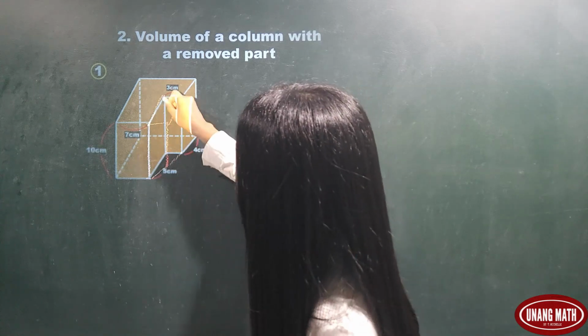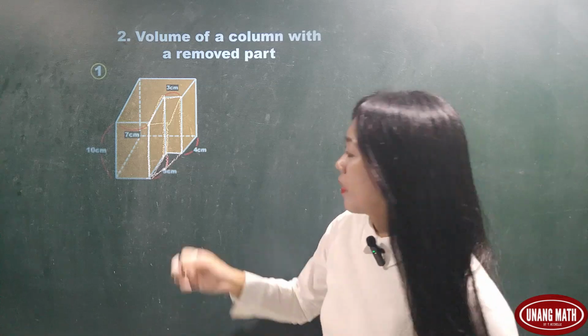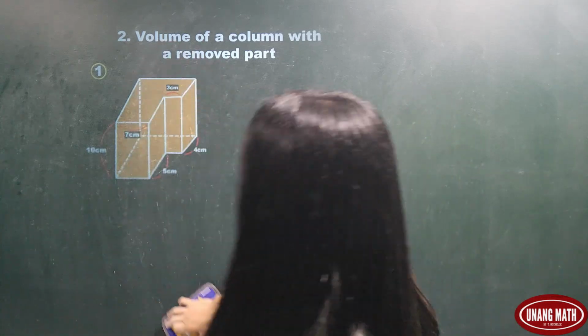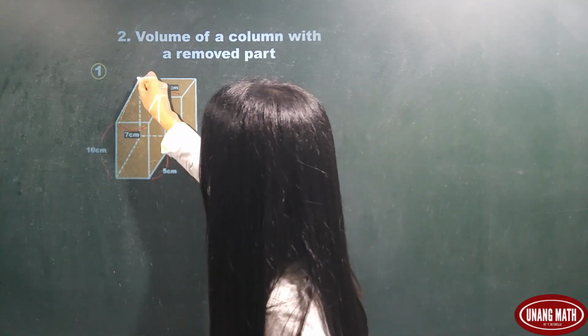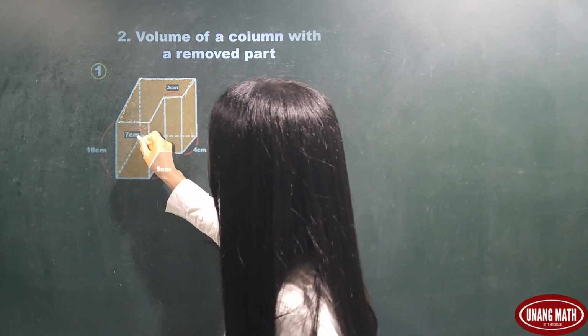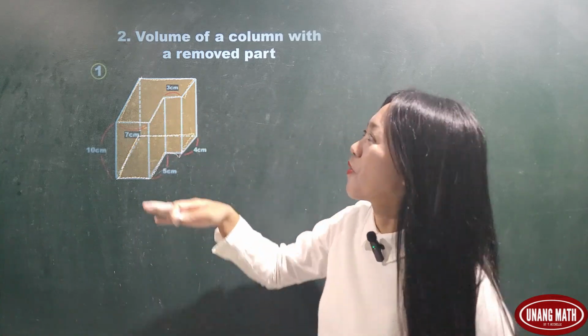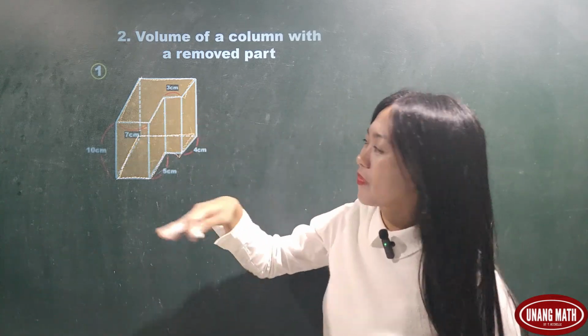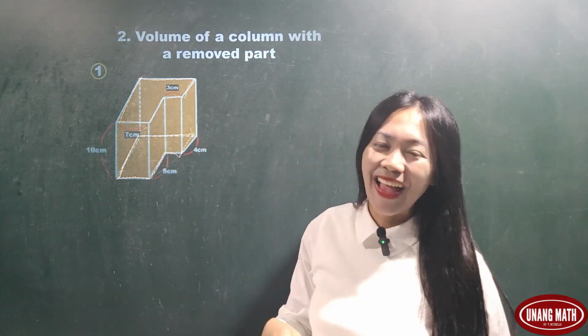So this part is the removed part. So if we remove it, then the figure looks like this. Okay, this figure and this figure are the bases of this prism. And the lateral faces are rectangles.